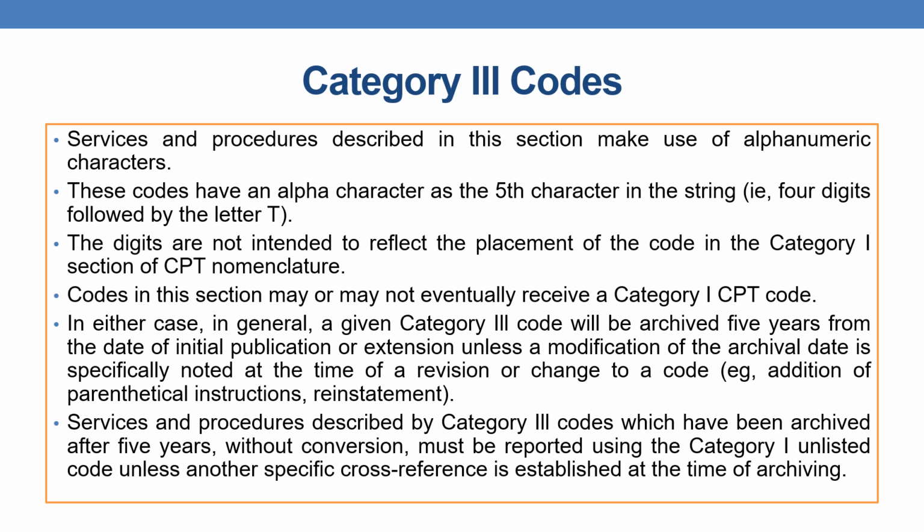Services and procedures described in category 3 codes that have been archived after 5 years without conversion must be reported using a category 1 unlisted code unless another specific cross-reference is established at the time of archive.